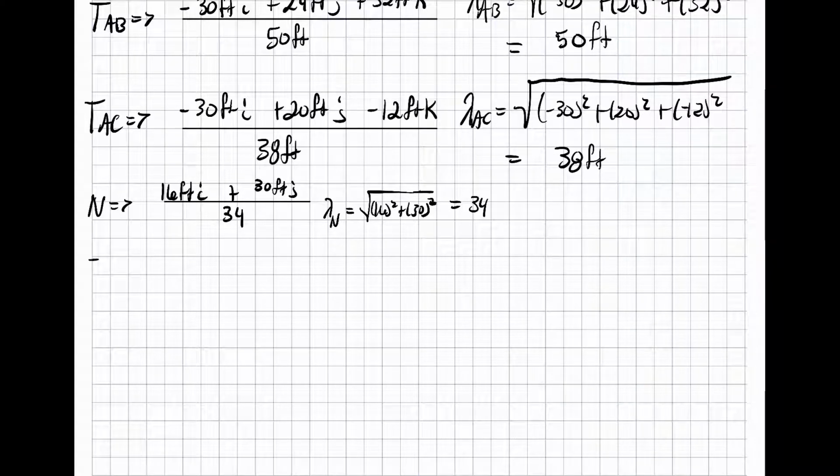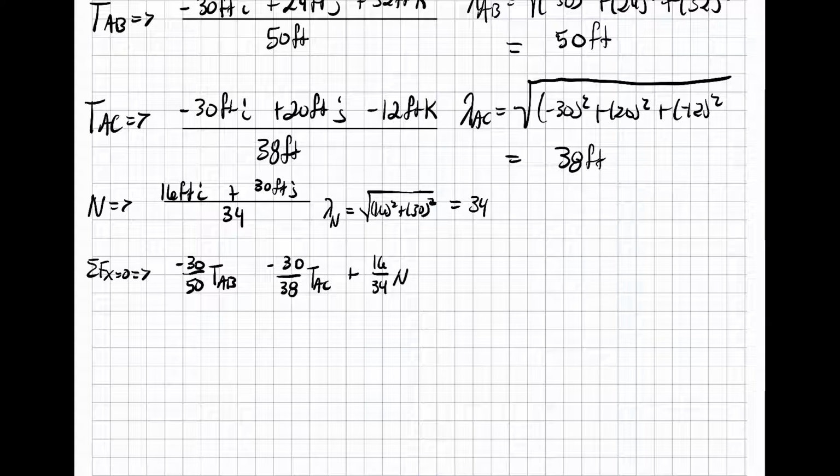So, sum of forces in the x direction equal to 0. We have a negative 30 over 50 tension AB minus 30 over 38 tension AC plus 16 over 34 normal equal to 0.